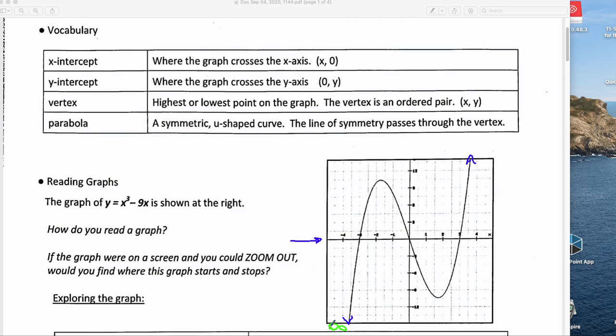So the first x value is infinity. And if I keep moving along from left to right, this is where this graph ends. That's the last x value.